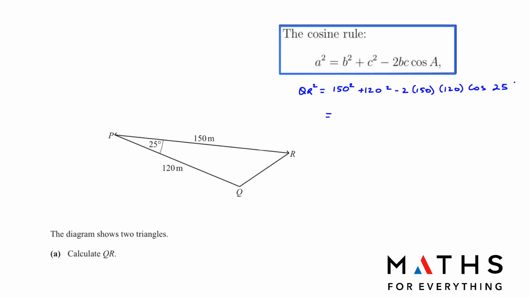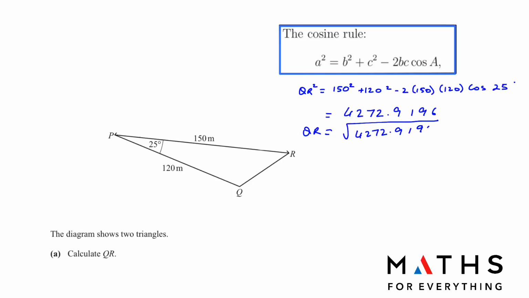This will give us 4272.91. Write more numbers, don't round it or anything, because we want to square root the whole answer. As this is a square, we don't want QR square, we want QR. So QR is going to be the square root of this whole thing.